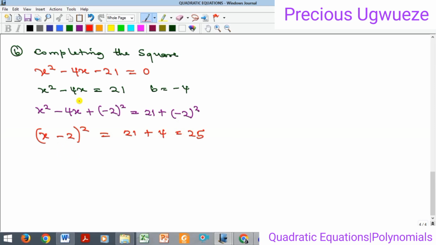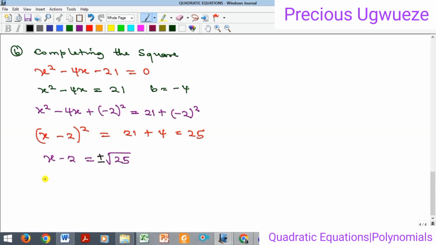Then the next step says take the square root of both sides. If I take the square root of both sides, this square is going to go. Then I'm going to have x minus 2 is equal to the square root of 25. But always note that whenever you take the square root, you are going to have two values, positive and negative.